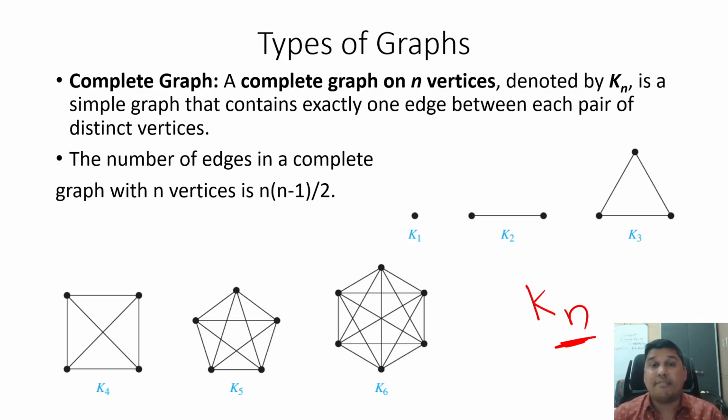That way you should have the mapping. There should be an edge between all the vertices. If I take any vertex in the graph, there should be a path from this vertex to all the other vertices. That kind of graph is called a complete graph. And the one important theorem here is that the number of edges in a complete graph with n vertices is n into n minus 1 by 2.